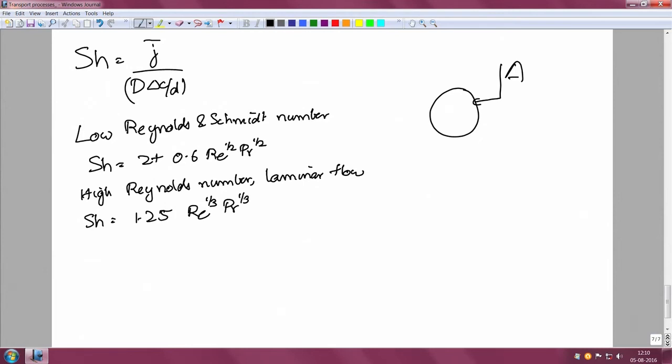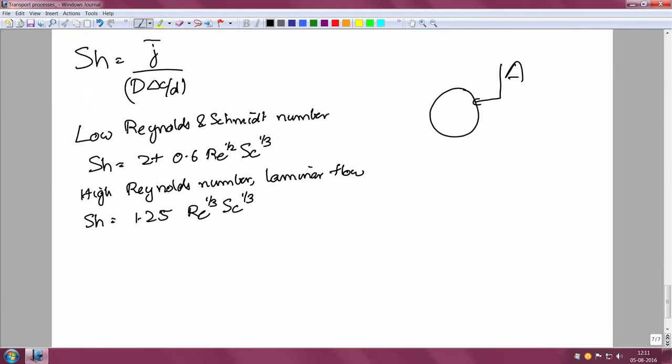I am sorry, I should express it in terms of the Schmidt number, because that is what is appropriate for mass transfer. And identical correlations are available between the Nusselt number, the Reynolds number and the Prandtl number. And you can use these.